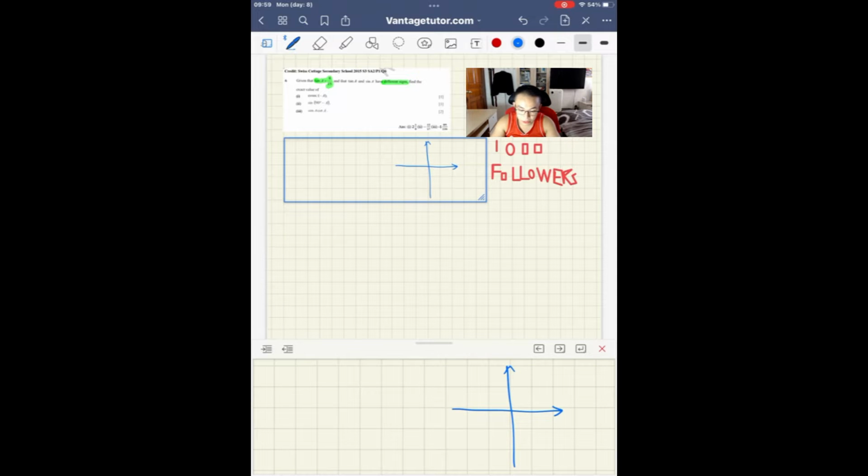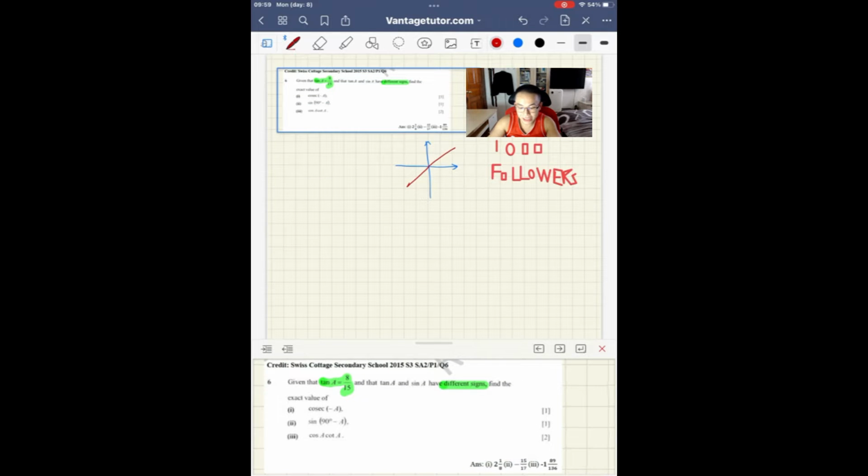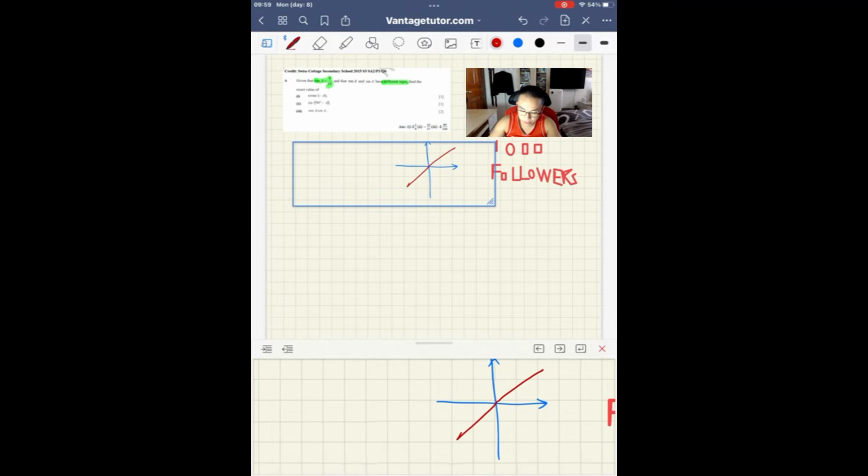Not important to me. Now I know that tangent A is a positive value, so it's either in the first or third quadrant. Again, if I read the question, they tell me that tangent A and sine A have different sign. That means if I sine this angle, I'll get a negative value, and that automatically eliminates my first quadrant as a possible answer. So now I know that the angle is in the third quadrant.